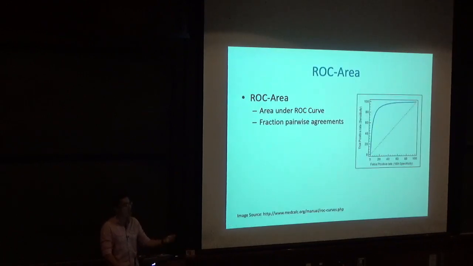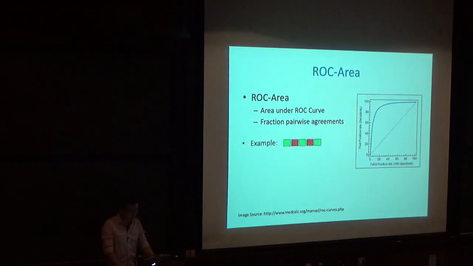And that's called the ROC area, or that's related to the ROC area. The area under the ROC curve, and again, you can read about this more if you're interested, is the fraction of pairwise agreements. This is a very common metric for understanding the accuracy of a model when you care about the ranking.